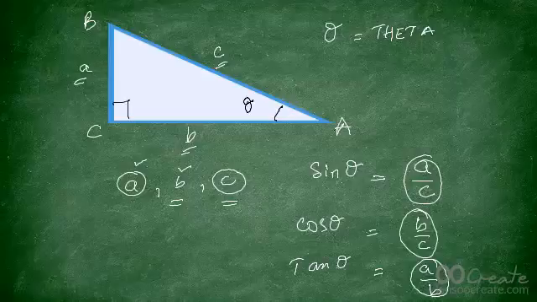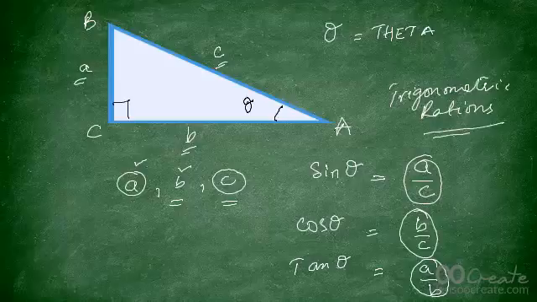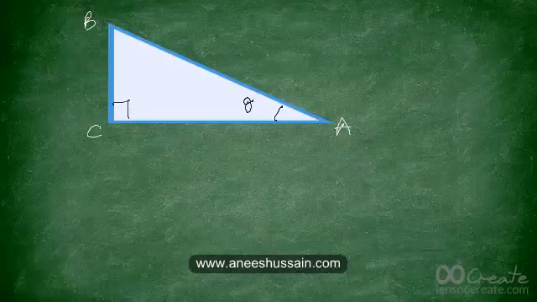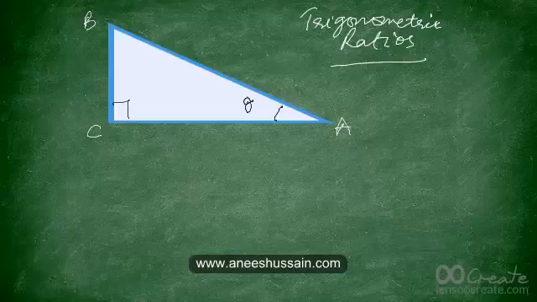So these three ratios that we created, A upon C, which is sine theta, B upon C, which is cos theta, and A upon B, which is tan theta, are known as the trigonometric ratios. So let's take a discussion forward of the trigonometric ratios.